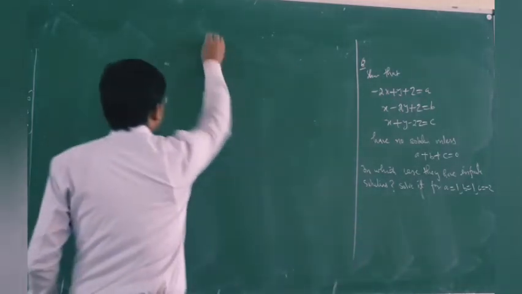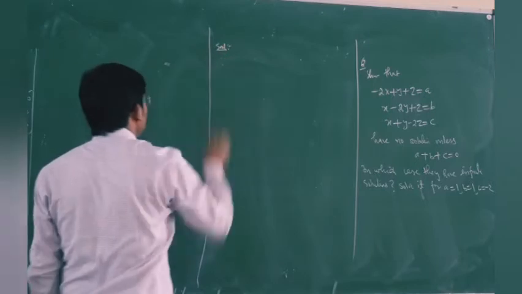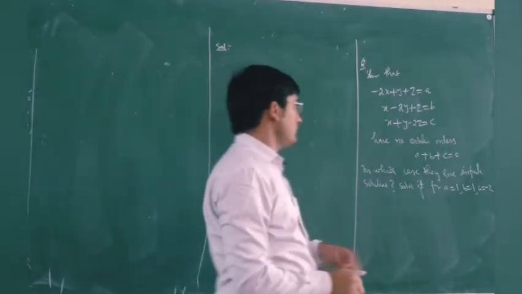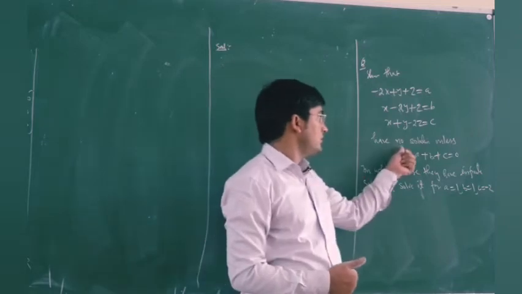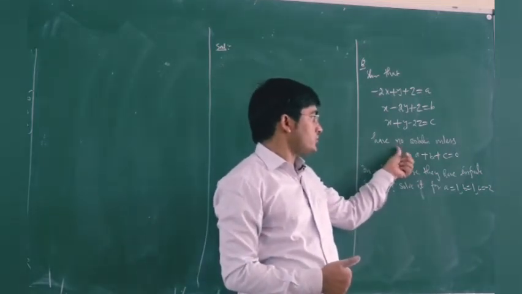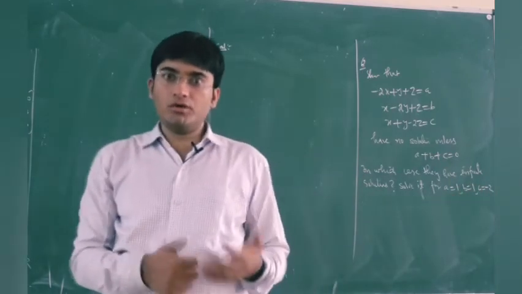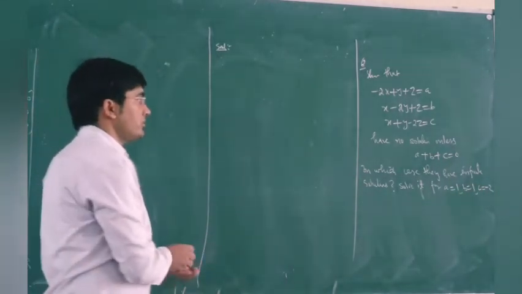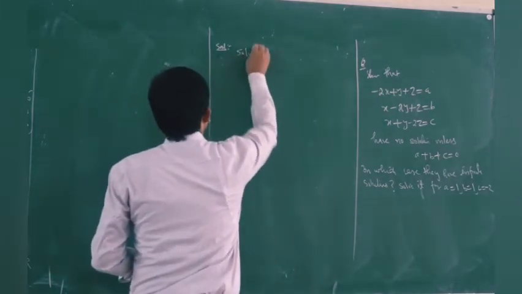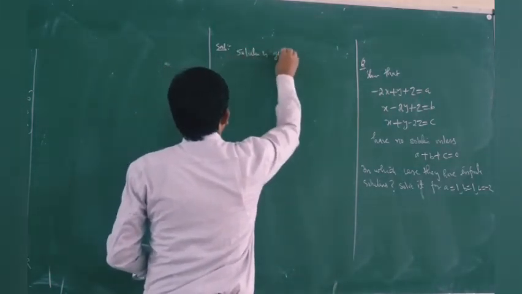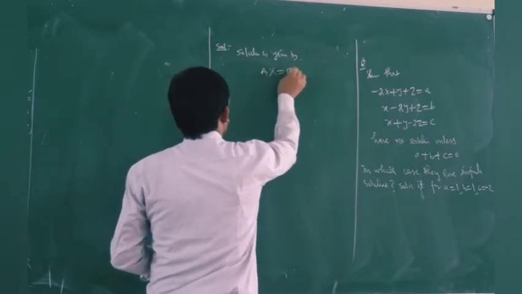So solution, here we have to prove that, we have to show that there exists no solution unless this condition is satisfied. So if this condition does not hold, then there will be no solution. So the solution is given by Ax equal to b.